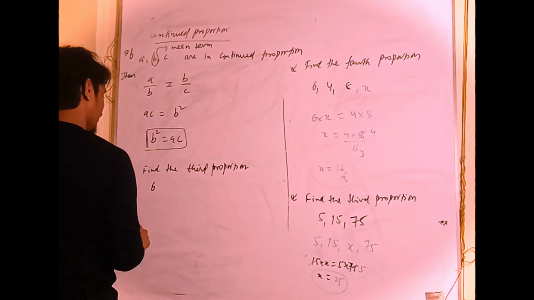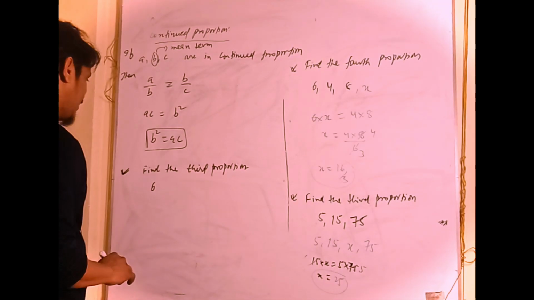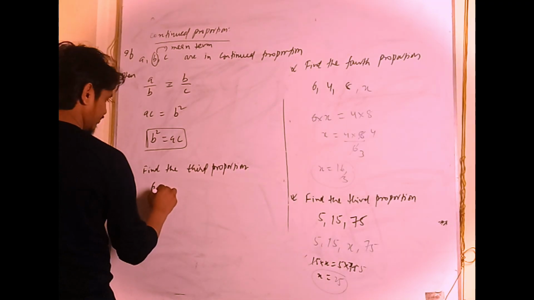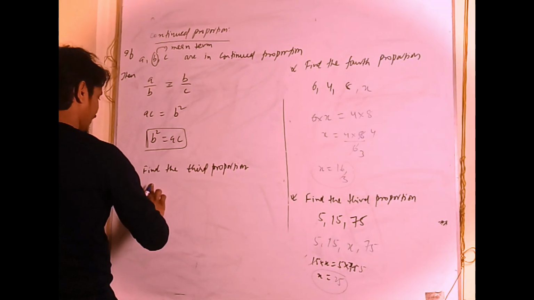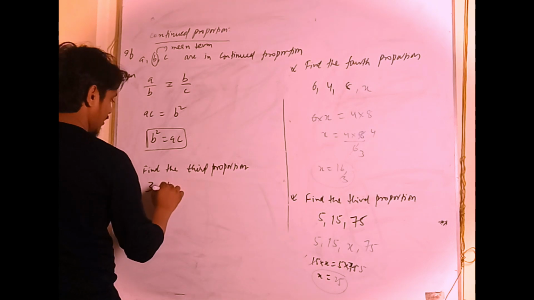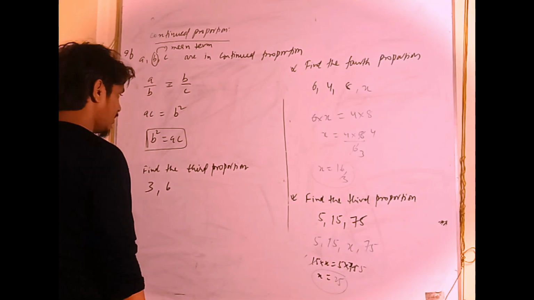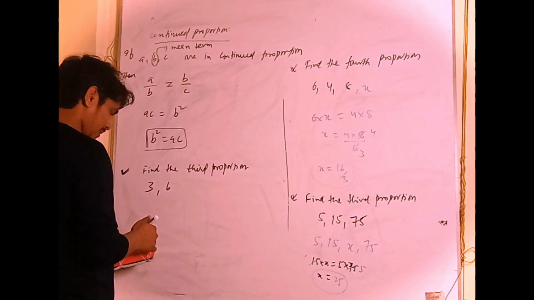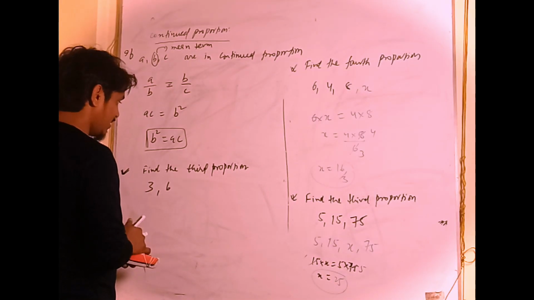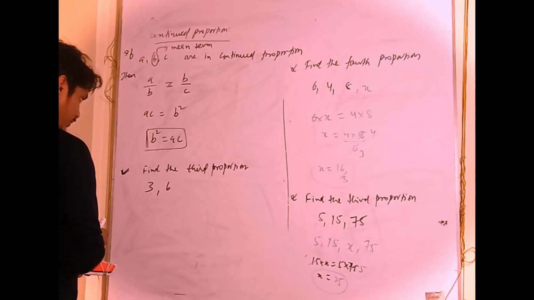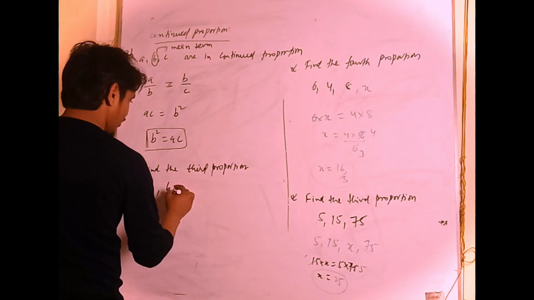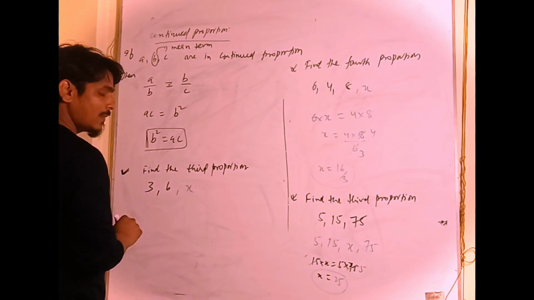In this we have given, let's say, 3 and 6. Only two numbers are given, and we need to find the third proportion. It means the numbers are in continued proportion, so we can consider that the third proportion is, let's say, x.